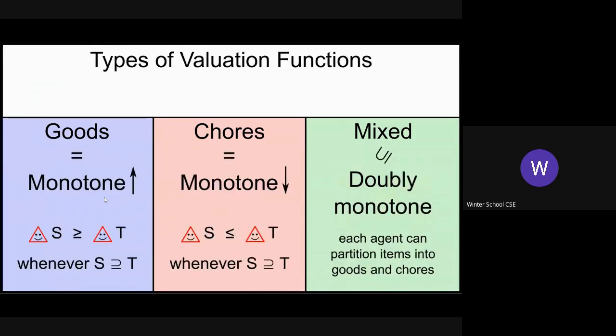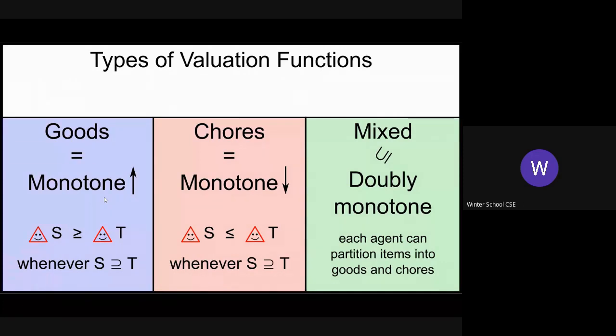And as we saw in the last lecture, we can understand these resource types in terms of valuation classes. So monotone increasing valuations correspond to goods instances, monotone decreasing for chores, and mixed is complicated, but a nice subclass of mixed is the doubly monotone valuations. Okay, and doubly monotone has embedded in it goods and chores.